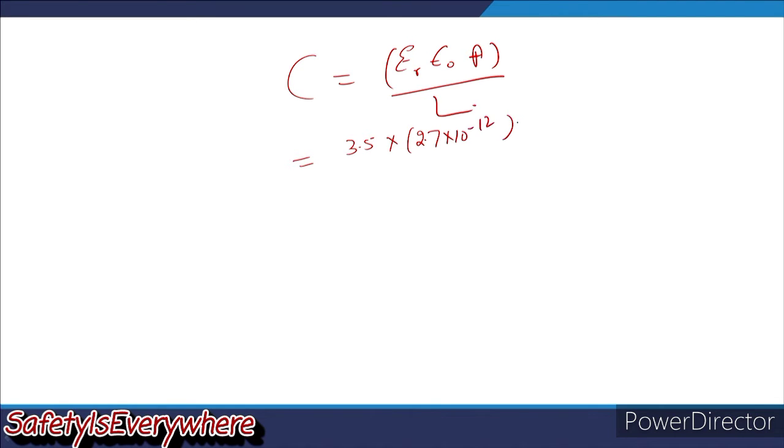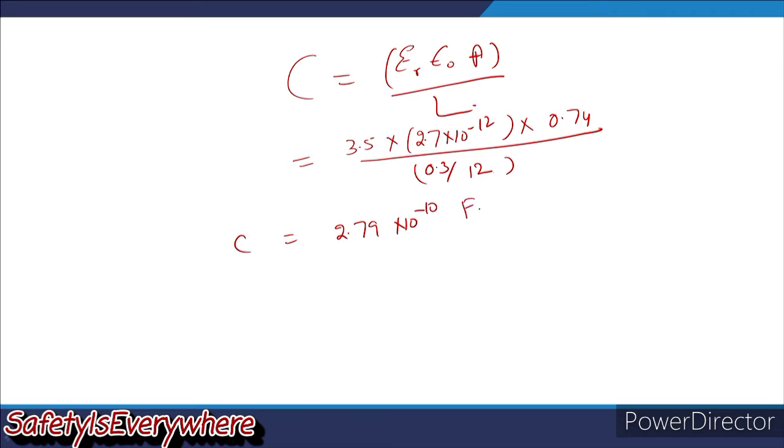So, considering the case of two parallel plates, C is equal to epsilon R epsilon naught A upon L. If we substitute the values, that is 3.5 which is given in the problem, into 2.7 into 10 to the power minus 12 into 0.74 divided by 0.3 over 12, C is coming out to be 2.79 into 10 to the power minus 10 farad.